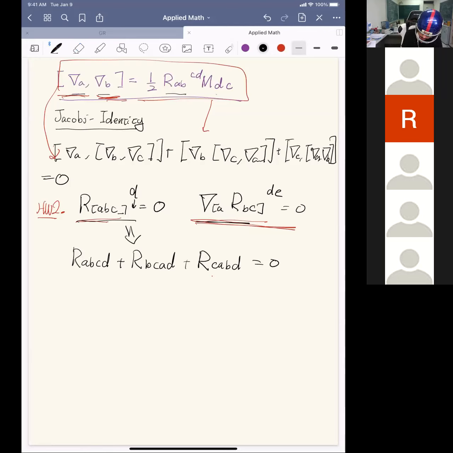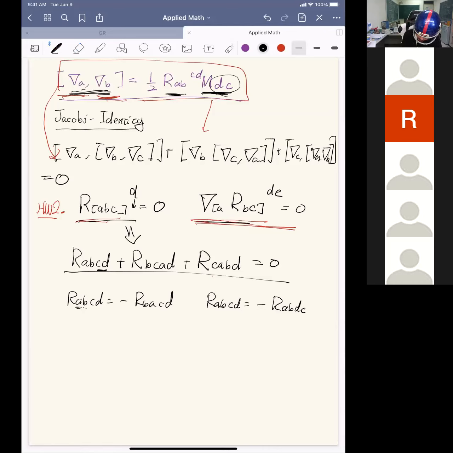But previously you also know that R_{ABCD} is minus R_{BACD}. So it is antisymmetric with the first two indices because of this defining equation here. So it is obviously antisymmetric with respect to AB, and also R_{ABCD} is antisymmetric with respect to the last two indices because it's multiplying the Lorentz generator, which is antisymmetric.